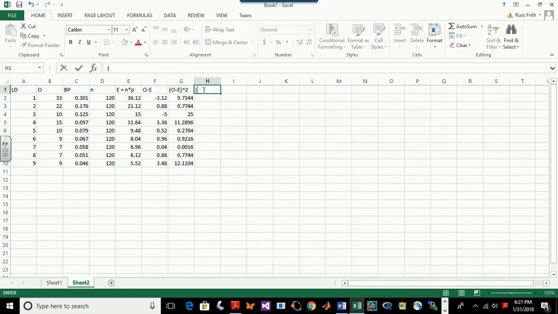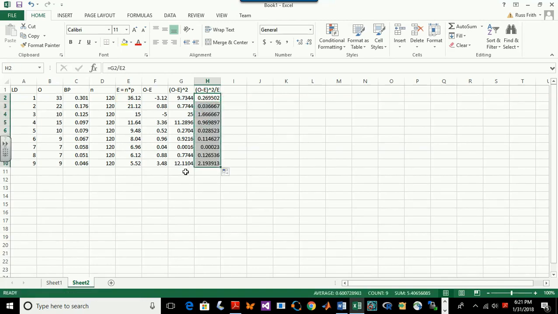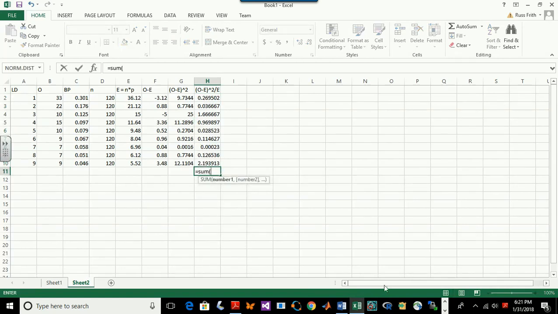So O minus E squared divided by E. This is equal to this value divided by that. And to get our chi-squared statistic, that would equal the sum of the last column.